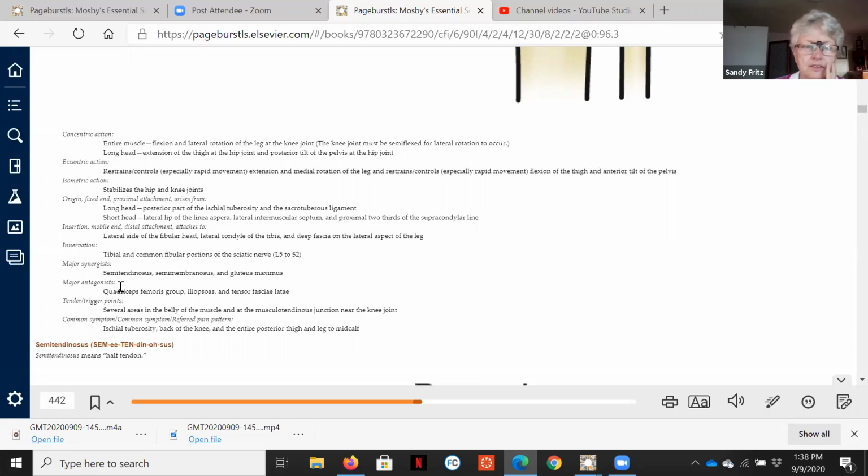Now, synergists are helpers. So if these are helpers of knee flexion, we should then also see them listed as muscles that work on the knee to move it into flexion. So let's go see. We see semitendinosus, semimembranosus, and then gluteus maximus.